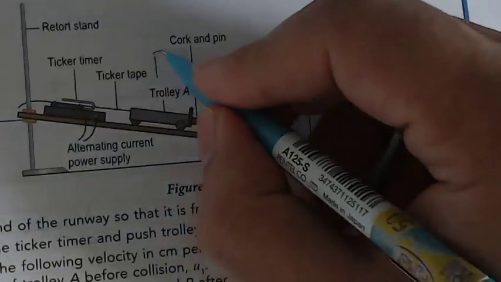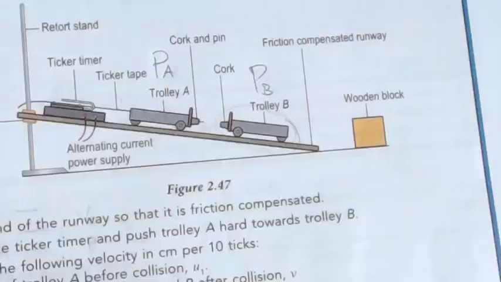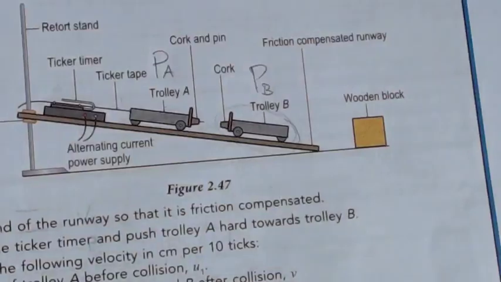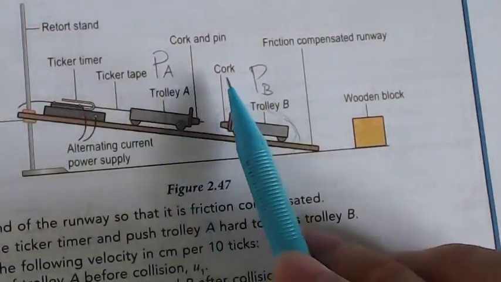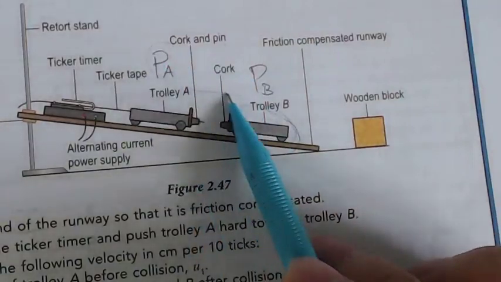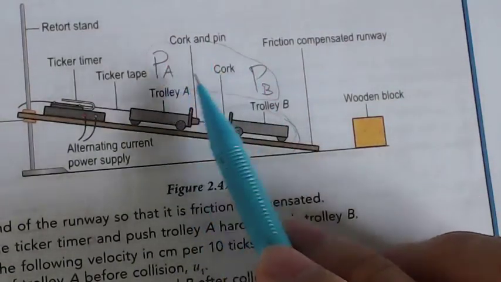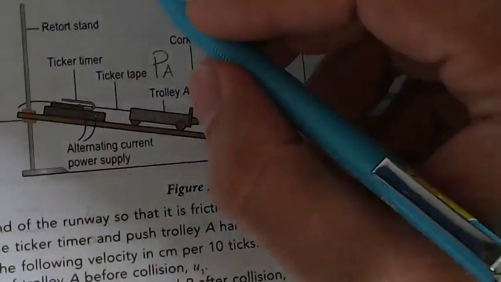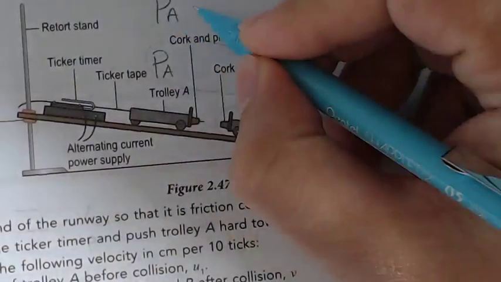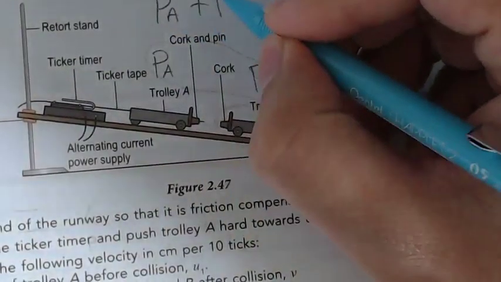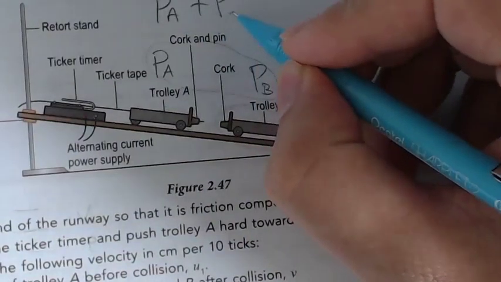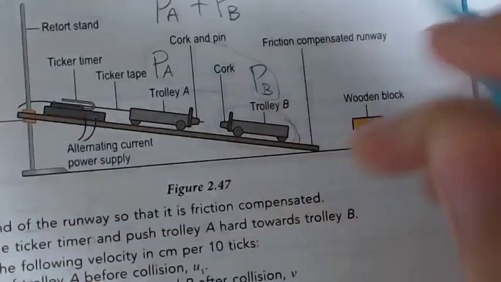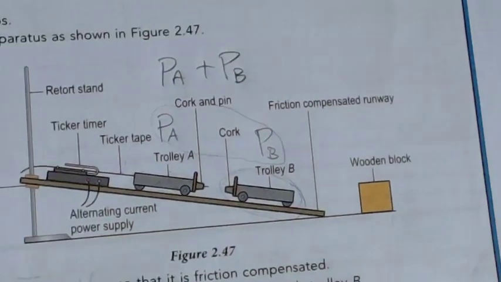Then you get the momentum for trolley A. And then you are going to add both momenta, PA plus PB, to find the total momentum.